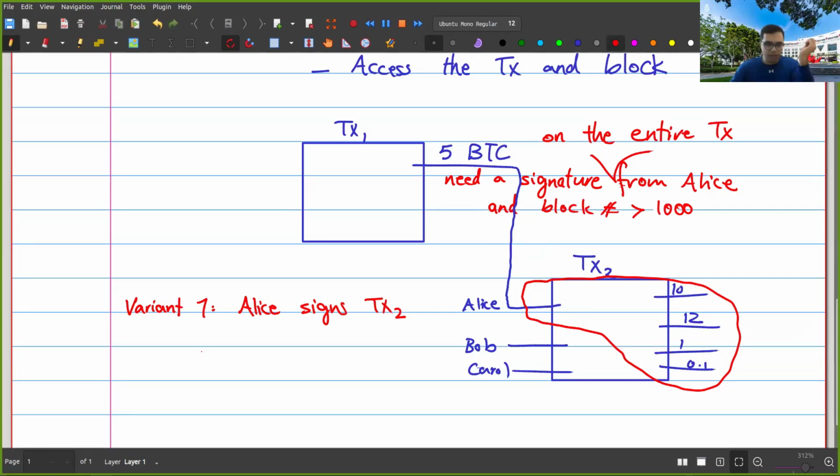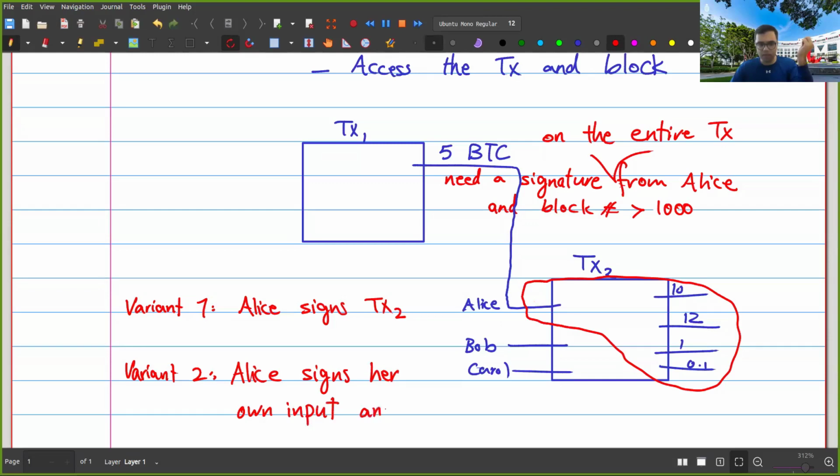So this is our second variant. Variant 2 is that Alice signs basically the outputs. I mean, also her own input, but we can also have only the outputs, her own input and all outputs of transaction 2.